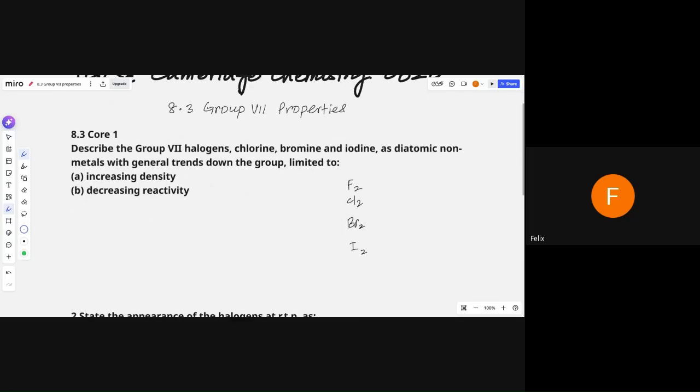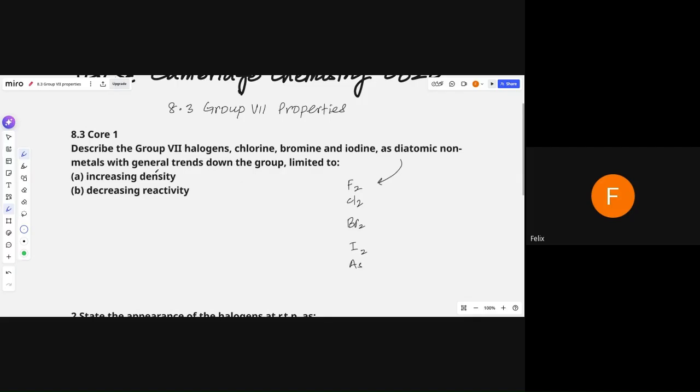So fluorine, chlorine, bromine, iodine, astatine, and then we have another one, tennessine. This is group 7, but we need to mainly focus on the first four. We hardly go beyond iodine. This is what is meant by diatomic: their molecule is made of two atoms covalently bonded together, right?